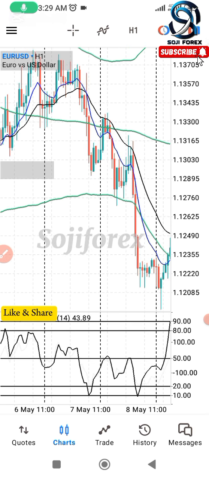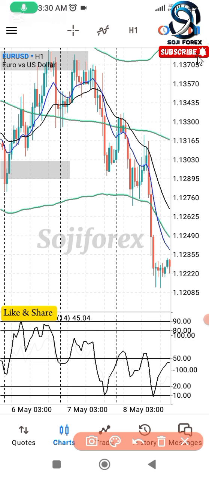The confirmation is for price to make a retest. So anytime you get moving averages crossing each other, you can on your own pick up your reference line. Just connect it to where the price crossed, because once that cross happens, price has already turned to the downside.